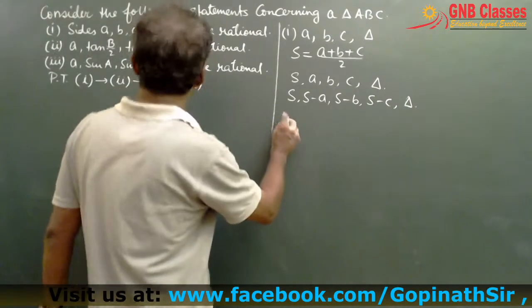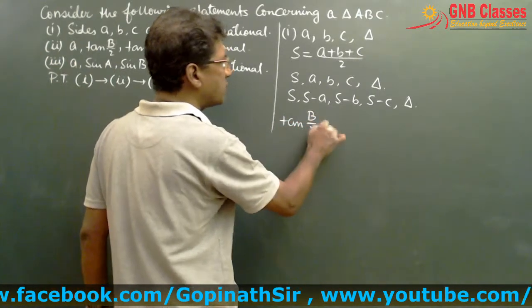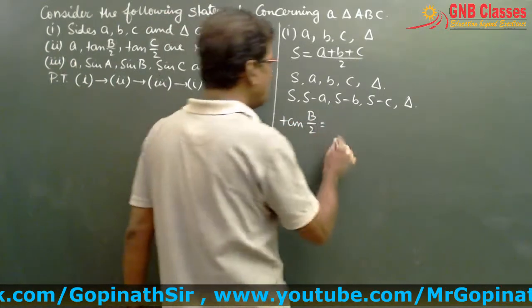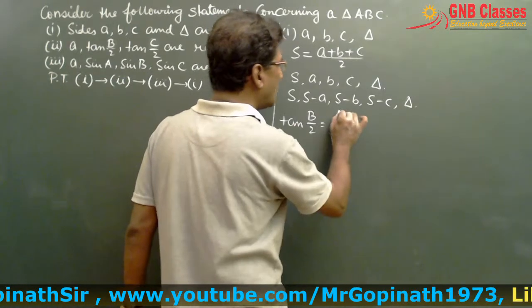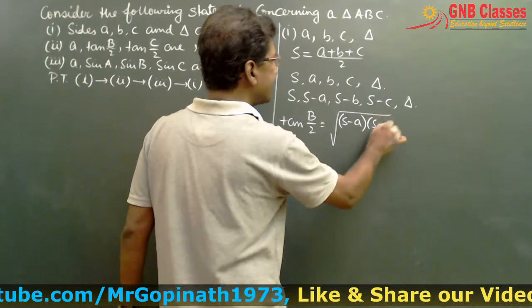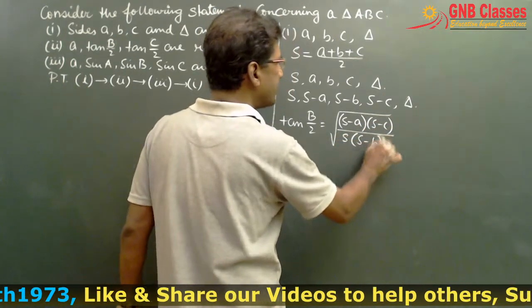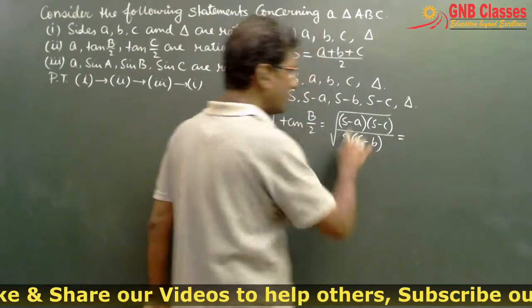Now observe. What is your tan B/2? Tell me fast. From the half angle formula, you can write this as nothing but under root (s minus a)(s minus c) divided by s(s minus b). So what we are going to get?